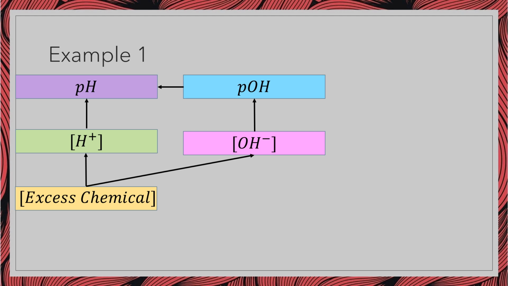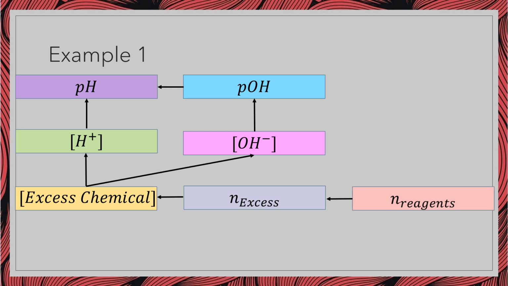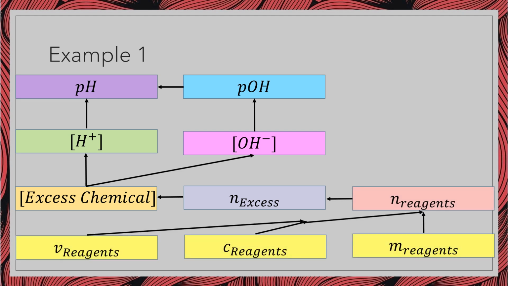Both of those can come from the excess chemical, and it depends on whether the excess chemical is an acid or a base: is it going to give us H plus or OH minus? The concentration of the excess comes from the moles of excess, which comes from the moles of reagent that react. To get the moles of reagent, we need either the mass of the reagent, or the concentration and the volume.